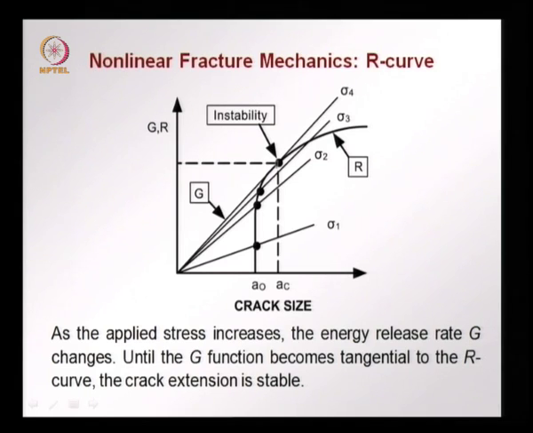The growth does not increase suddenly. So, as this applied stress increases, the energy release rate G increases, and when the G function becomes tangential is when the crack extension stops being stable. Until that point, the crack extension is stable, that is, it is slowly progressing, but it stops when the stress does not increase any further.